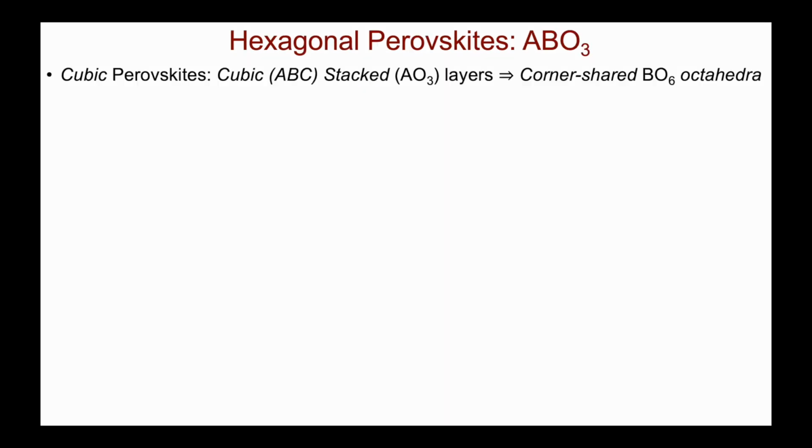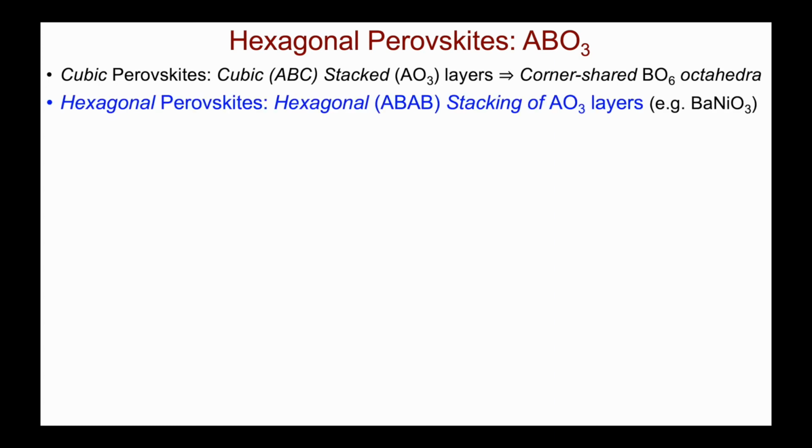In a cubic perovskite, we saw the structure was based on cubic stacking of the AO3 layers, which in turn is responsible for and results in the corner sharing of the BO6 octahedra. Just as we have seen in other ionic structures, it is also possible to have hexagonal AB-AB type stacking of the close-packed layers, and this results in a different family of so-called hexagonal perovskites, of which one example is barium nickel oxide.